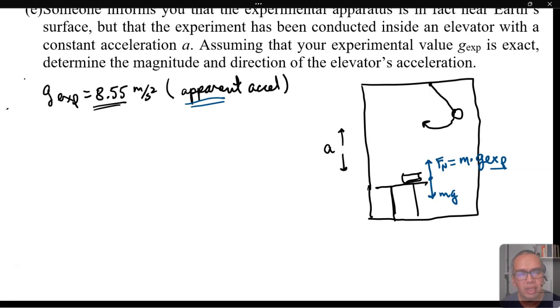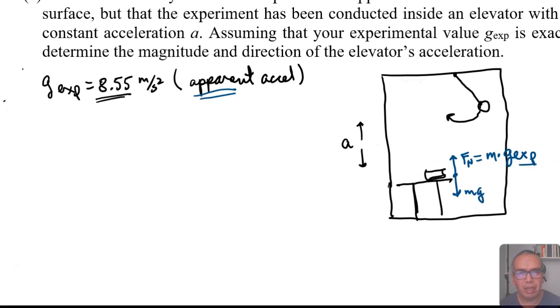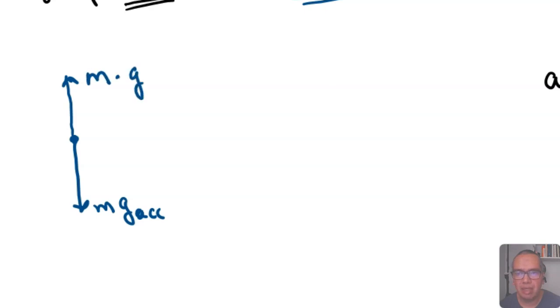So you could say basically that any object inside of this elevator is having, of course, a force due to gravity, which is m times g accepted, the usual 9.80, and then it's going to have a normal force that is slightly less. It's the mass times g experimental.